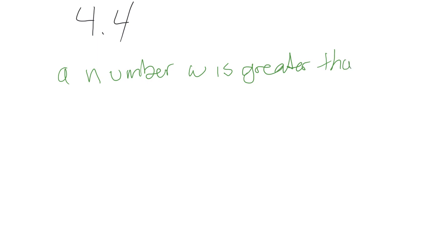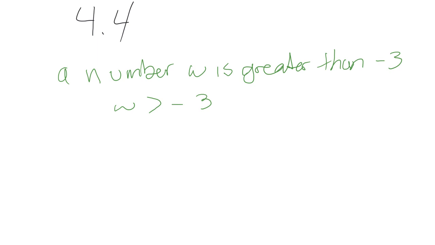So, for example, if it says a number w is greater than negative 3, this is one of the things you'll have to do. So the number is w, and it's greater than negative 3.